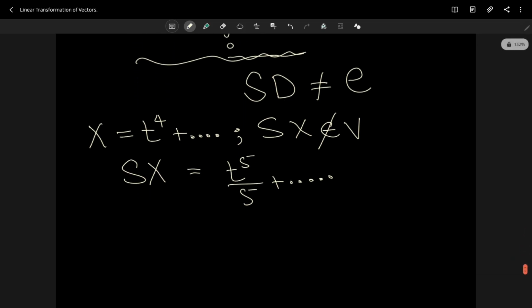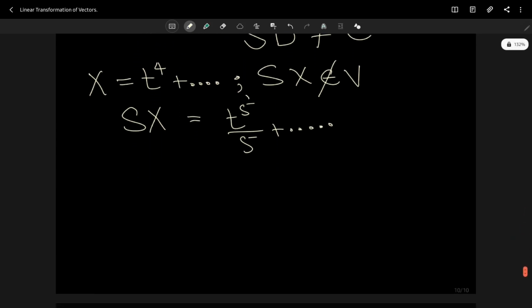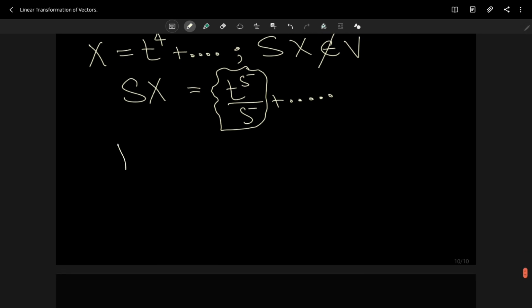What happened over here is this function is of the 5th order. But remember, we were working on P4, and so Sx does not belong to P4. And P4 is our vector space over here.